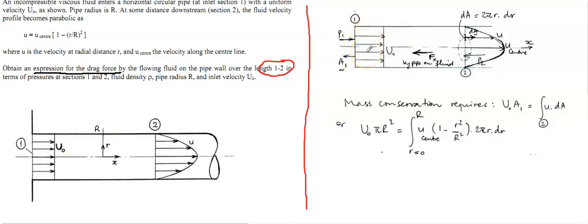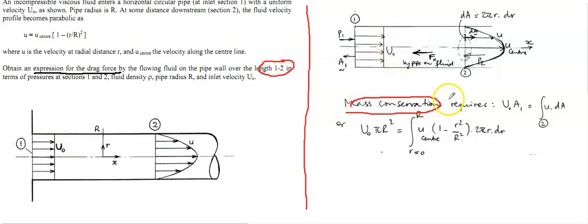If you can remember the mass conservation principle, or the equation of continuity, we know the mass flow rate through one section will be equal to that through the other section. So let's say here the mass flow is the velocity into the area.